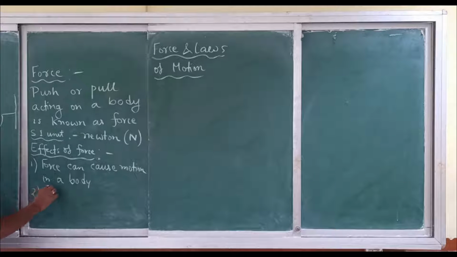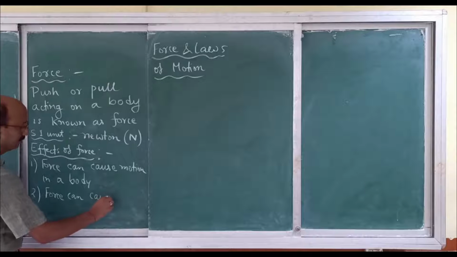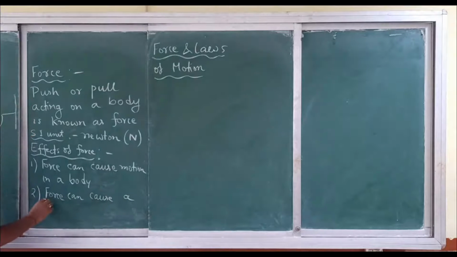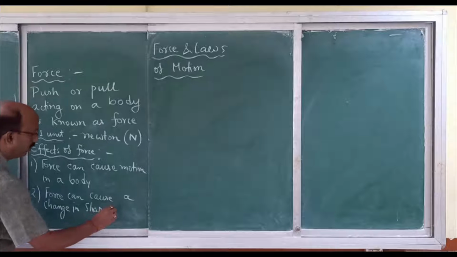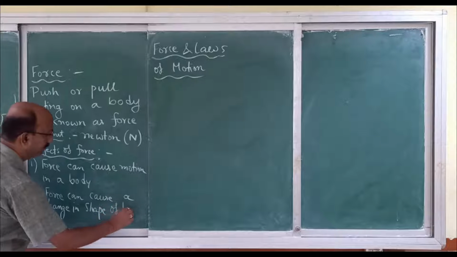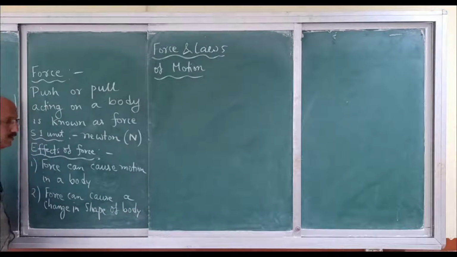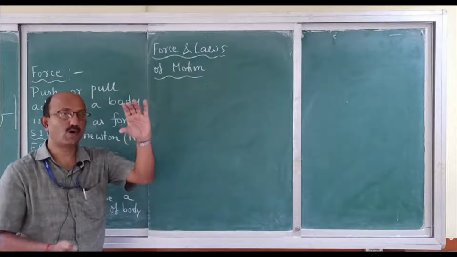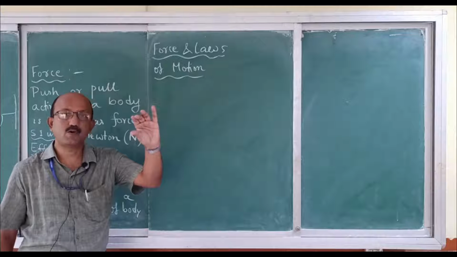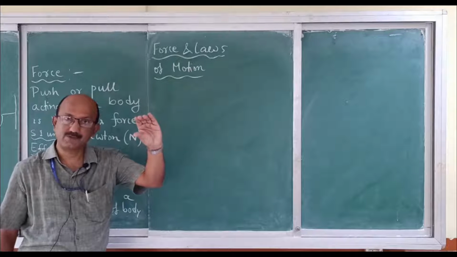But sometimes force can cause a change in shape. Force can cause a change in shape of a body. An example is if you take a soft body, a sponge, when you press a sponge, pressing means you are applying some force.